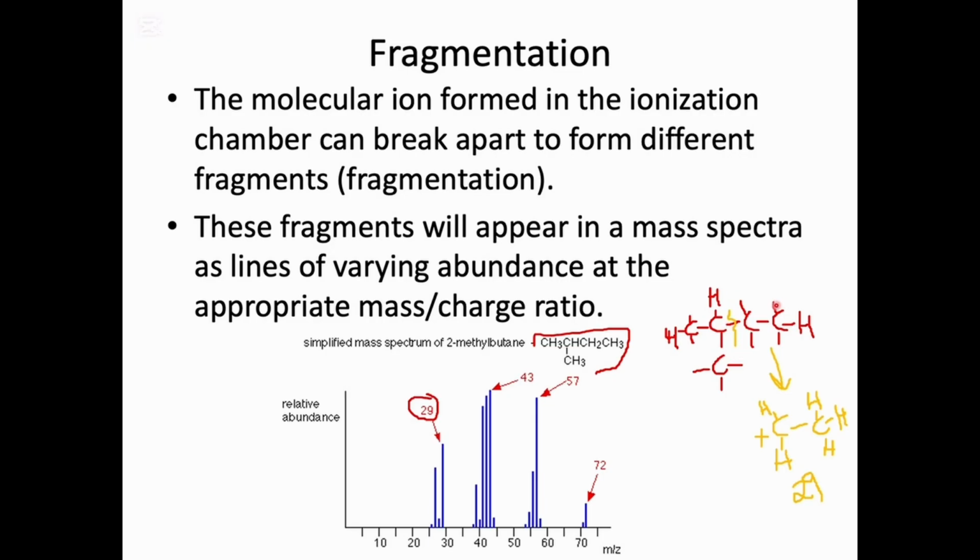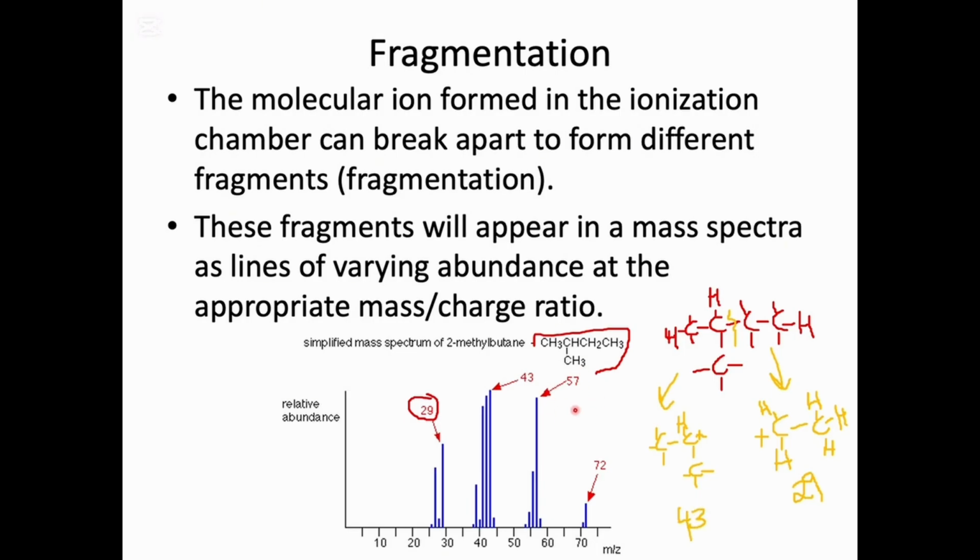That split right there gave us the 29 fragment, and the other side over here is giving us your 43. And because right here is where your fragment split, this carbon here is going to be missing a bond. So you're going to have a plus by that carbon. So in this case, you have 3 carbons, that's your 36, and then you have your 7 hydrogens. So 1, 2, 3, 4, 5, 6, 7. So that gives you your 43 in your mass to charge ratio.